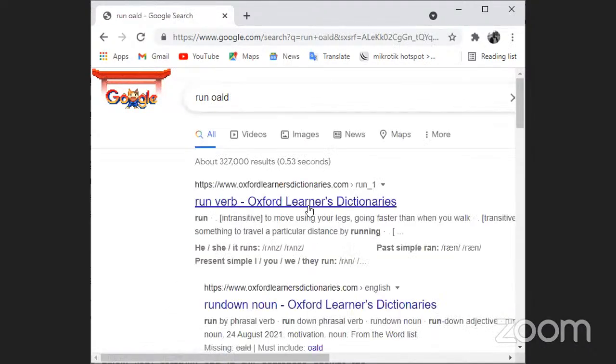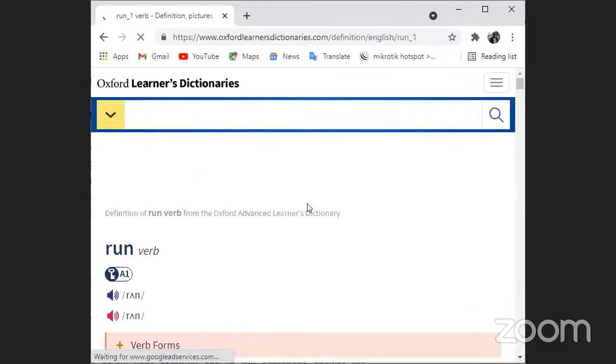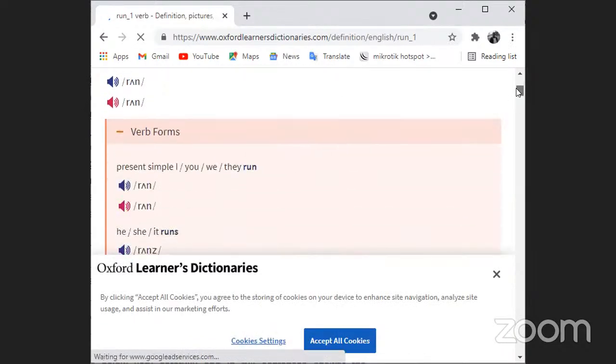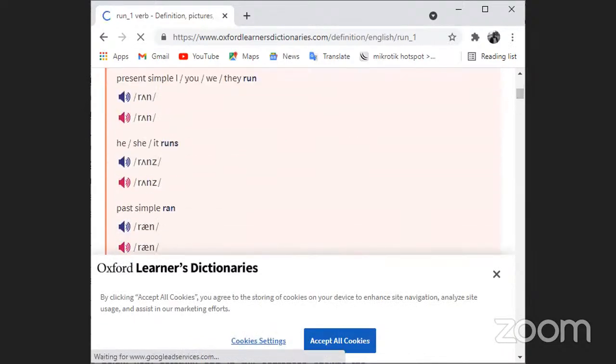Okay, run, verb, in the Oxford Advanced Learners Dictionary. Okay, here we go. So these are the verb forms. The present simple is run. Can you hear it? Run. Then this one is runs.